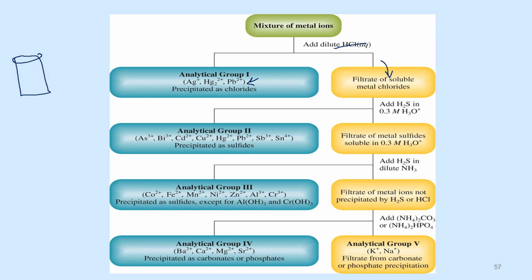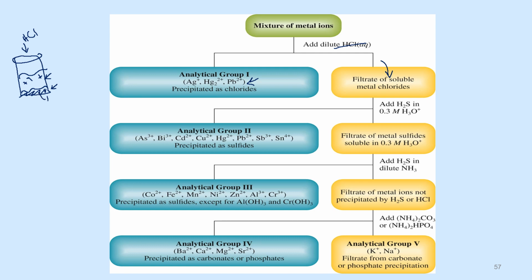Here we have our solution, and then we add the HCl, and we get a little precipitate. What does that mean? That means that most likely there's either silver or mercury or lead down in this precipitate, and any other ions will still be floating around in here.